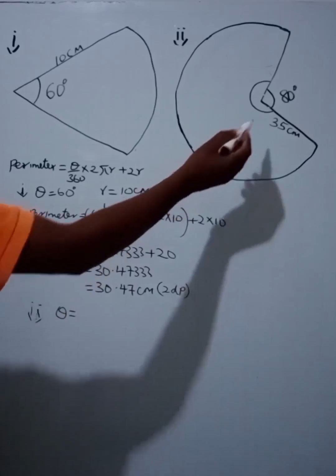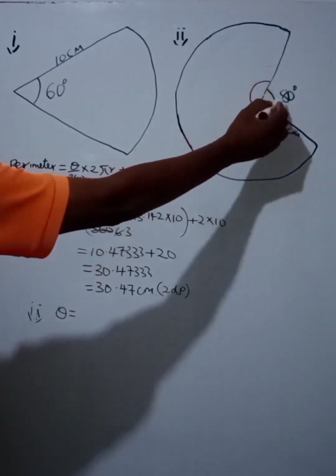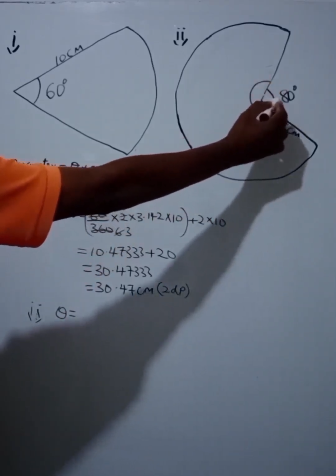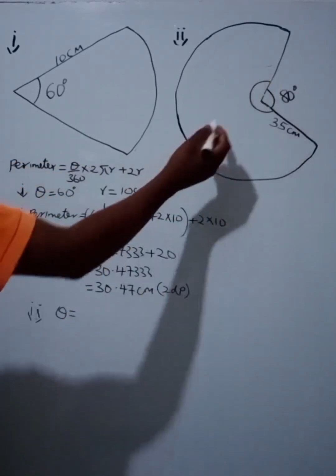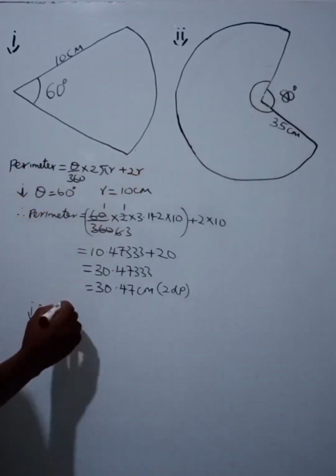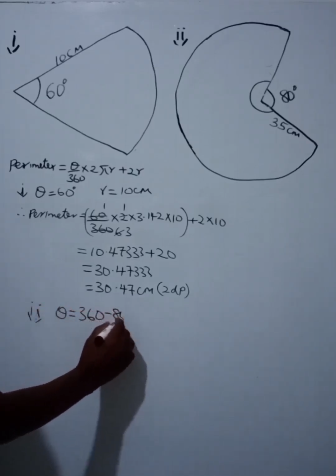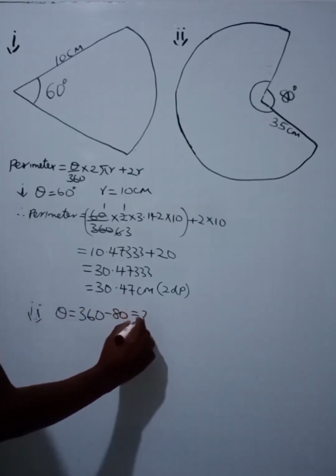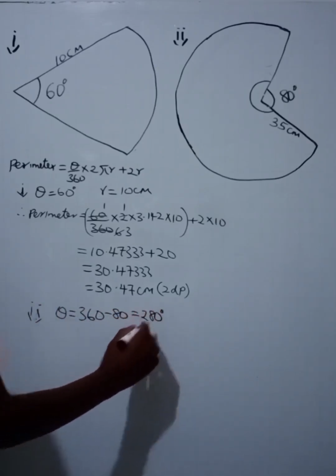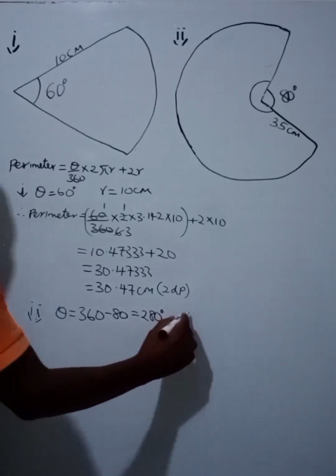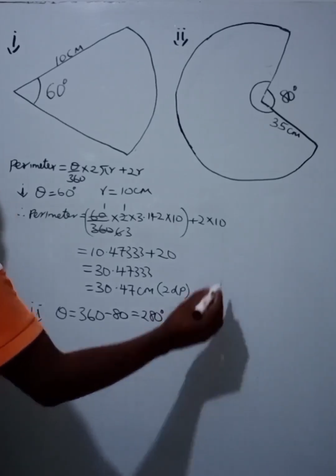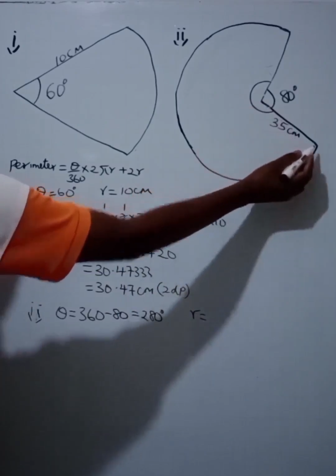But we know the whole of that angle is 360. So we subtract what we don't want, which is 80. We shall get what we want here. So our theta will be 360 minus 80, and that gives us 280 degrees. Our radius is 35.